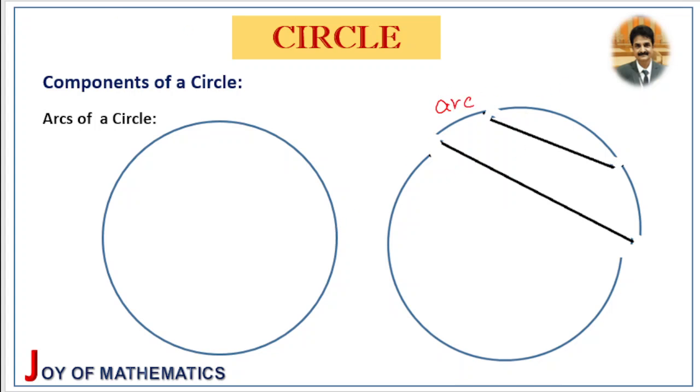And geometrically, if I take any chord or a secant, it divides the circle into two arcs. This is one arc and this is another arc. And if I take many chords, it is divided into many arcs. Each one is said to be an arc of a circle.